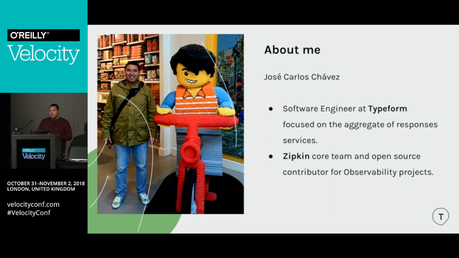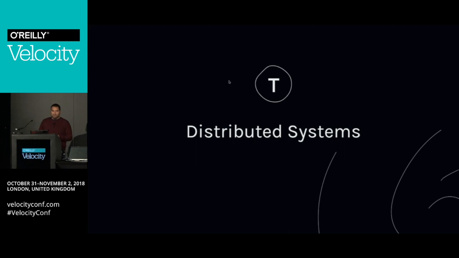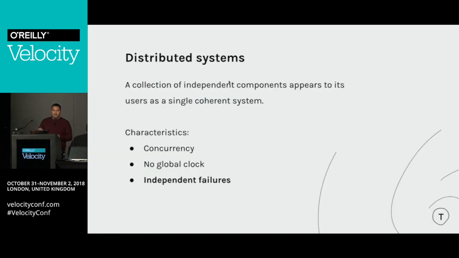So let's start with distributed systems. A distributed system is a collection of independent components that, from the user's perspective, appears to be a single coherent system, right? It has three main characteristics. The first one is concurrency. Concurrency is about dealing with many things at once.